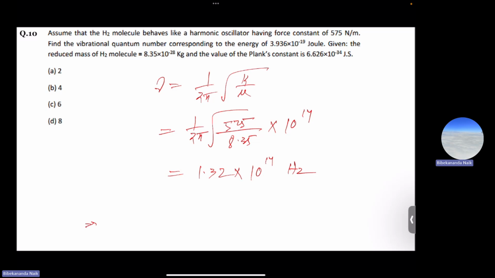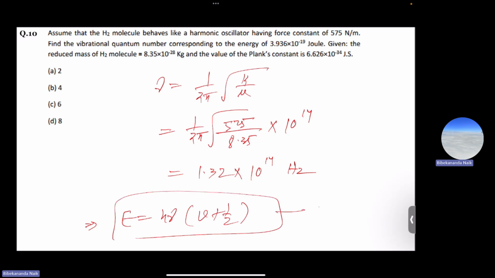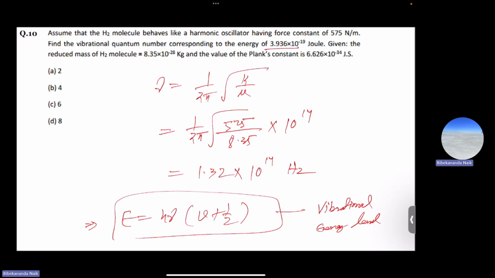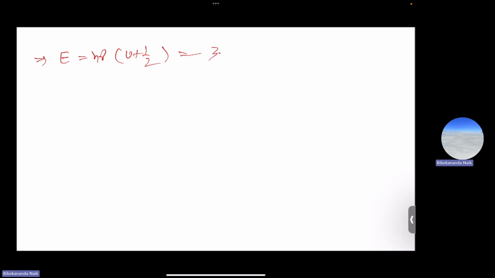Now this E is h nu (v plus half), the vibrational energy level. This E, which is h nu into (v plus half), is equal to the energy given to us, 3.936 into 10 to the power minus 19.